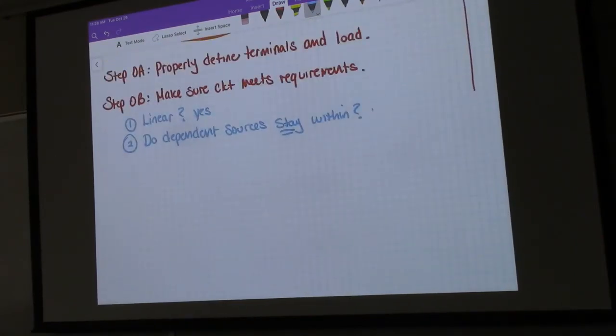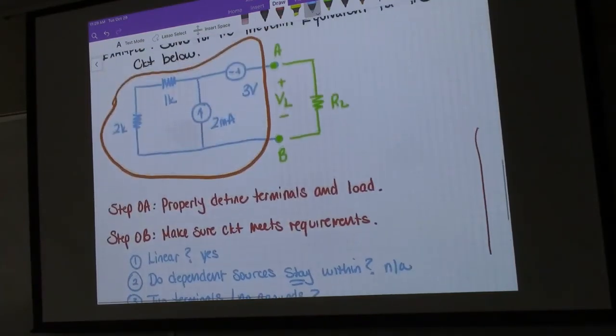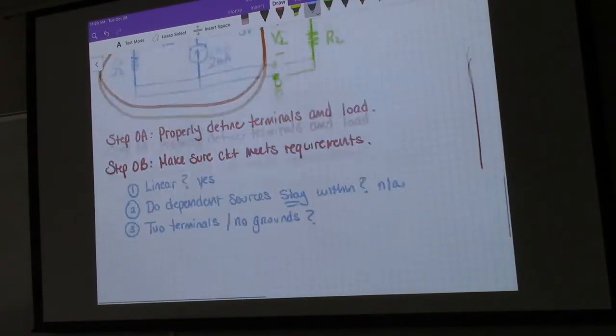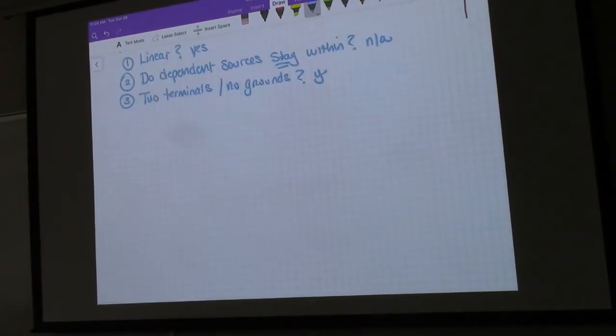I'll just put NA. Number 3, are there 2 terminals and no grounds? Is that the case? It is. So we're good. You want to make sure to check for all of those.